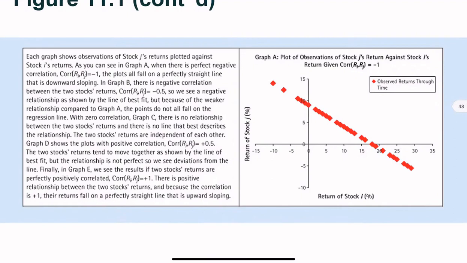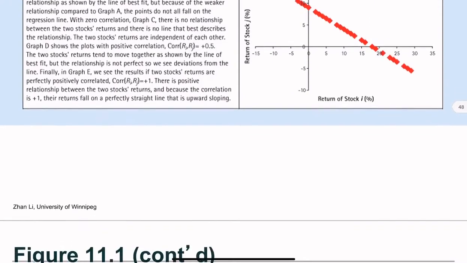You can see that you have a straight line here, and the slope of this line is obviously negative, because it's downward sloping. So in this case, the correlation is -1. Stock I and stock J's returns move in opposite directions, which means if stock I's return is higher, then stock J's return has to be lower.